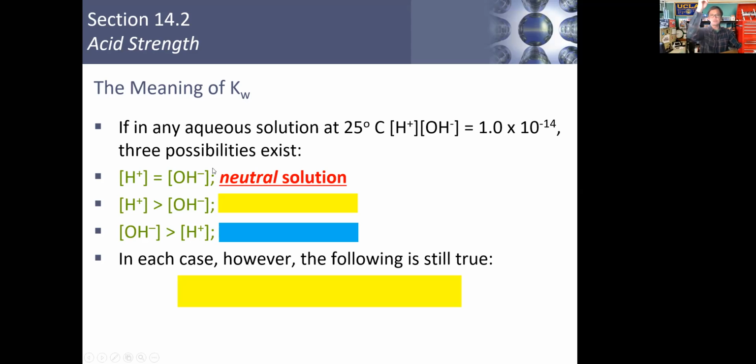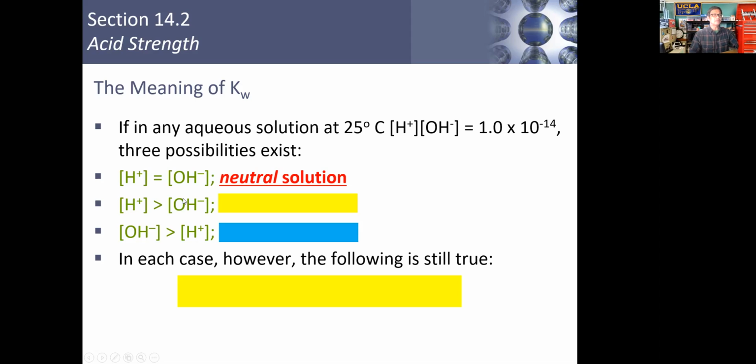So if you take a pH meter, for example, and put it into a clear solution of water, and you end up with a hydrogen ion concentration that is 10 to the minus 7, you'll know what the hydroxide ion concentration is. That'll be 10 to the minus 7. Why? Because this has to always be 1 times 10 to the minus 14. And once these two are equal, you have a neutral solution.